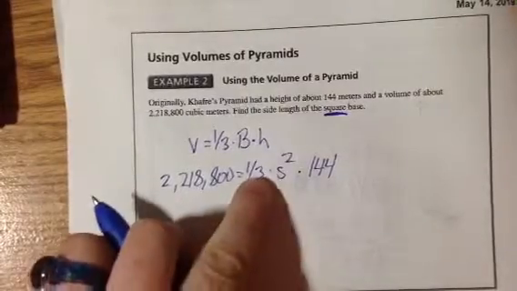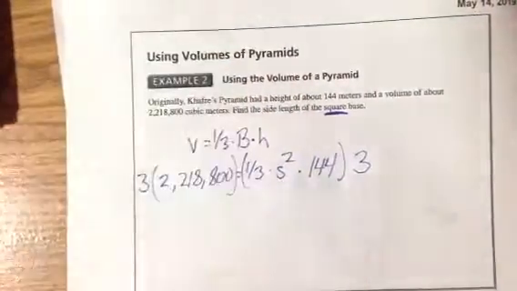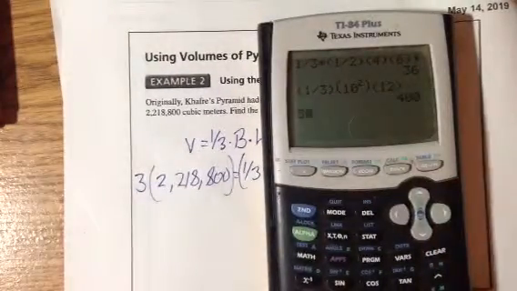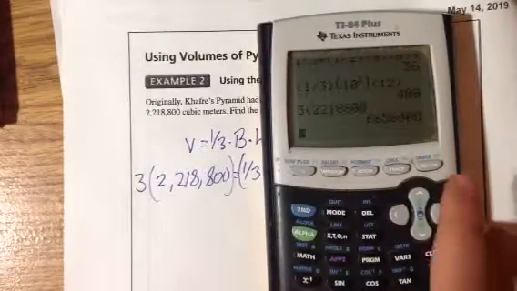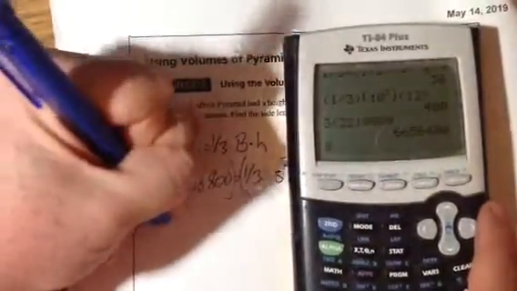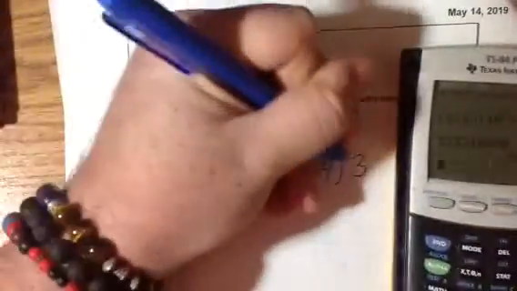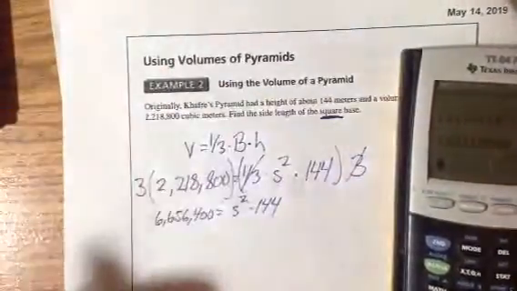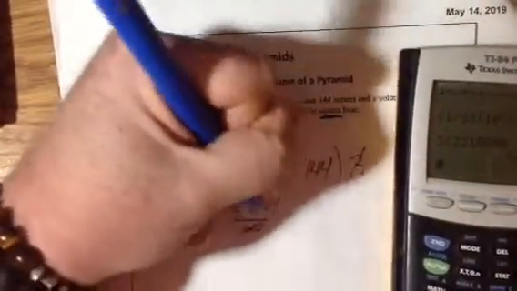Okay, so I'd like to clear out the fractions first. This is divided by 3, so the opposite of dividing by 3 is multiplying by 3. So 3 times 2,218,800 gives us 6,656,400. These 3's cancel out. This is s squared times 144. Now the opposite of multiplying by 144 is to divide by 144.